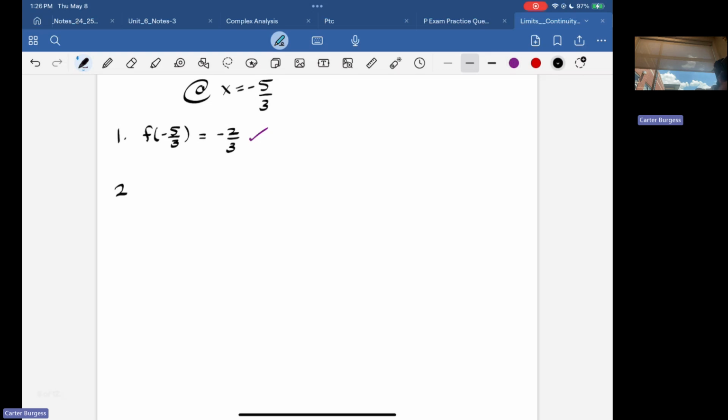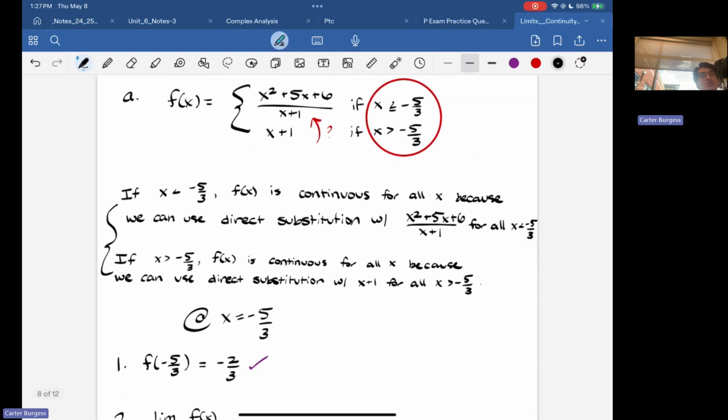Okay, what is the second thing that we need to demonstrate? Yeah, we have to demonstrate that the left-hand limit and the right-hand limit agree. So we are looking at the limit as x approaches negative 5/3 from the left, and the limit as x approaches negative 5/3 from the right. For this piecewise function, if I'm looking to the left of negative 5/3, which equation will I use?